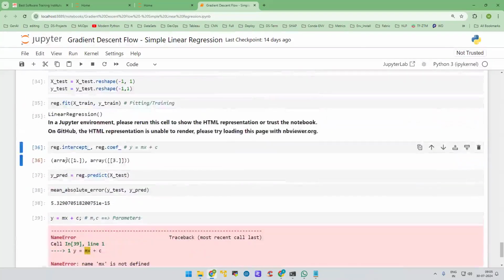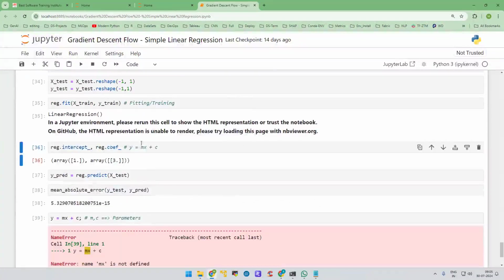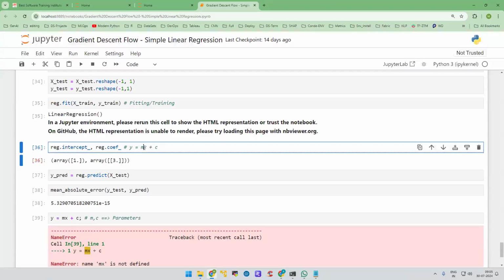So m equal to 1 and c equal to 3. With these parameters, the model is going to be y equal to x plus 3. So x is the input. When we provide some input to it, let's take 2 has been given, something that is unknown, then 1 into 2 plus 3, so that is 5. So 5 is going to be the predicted value.